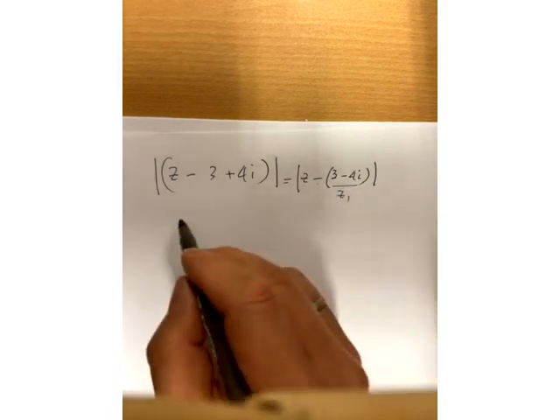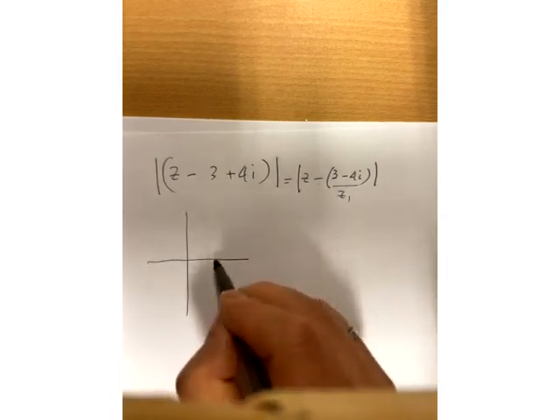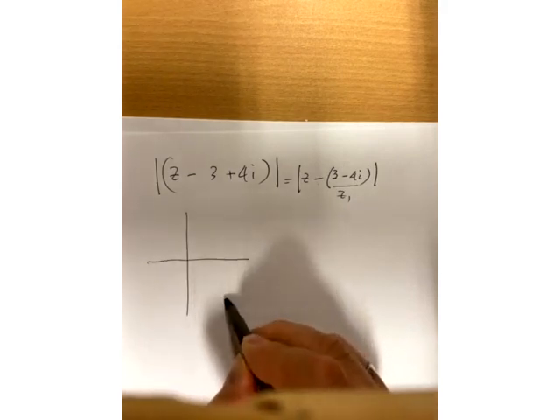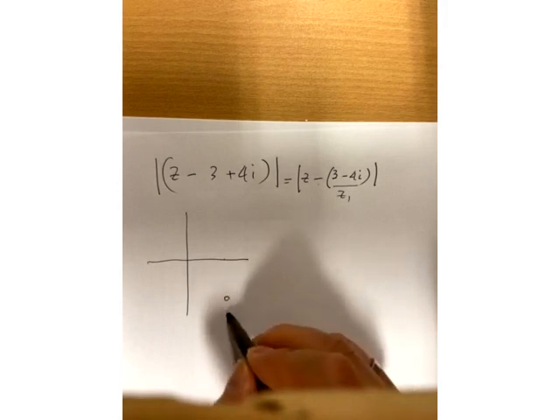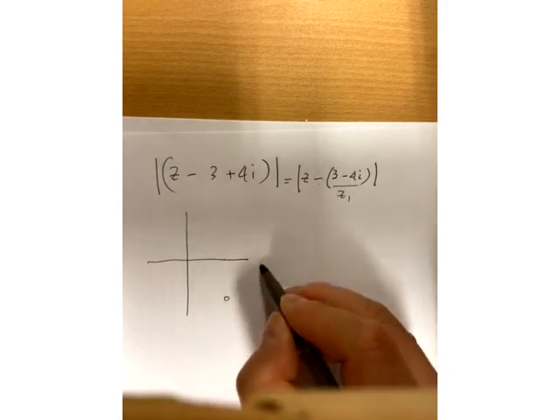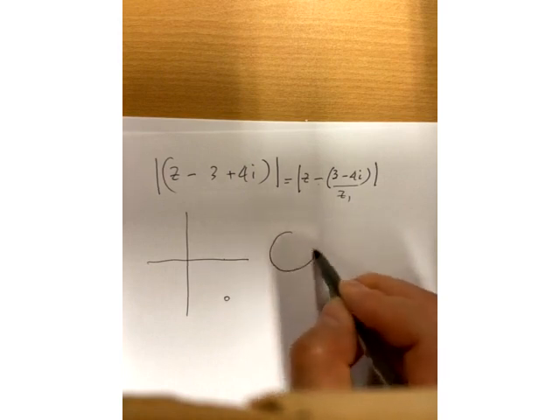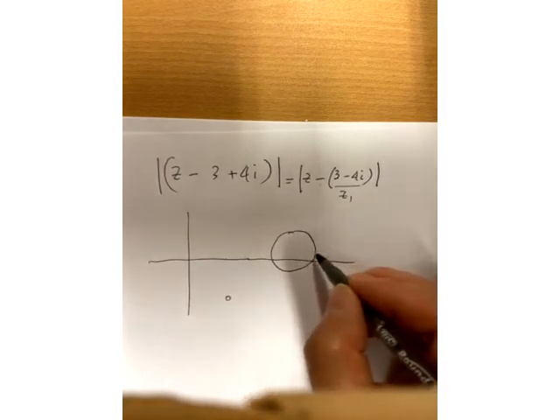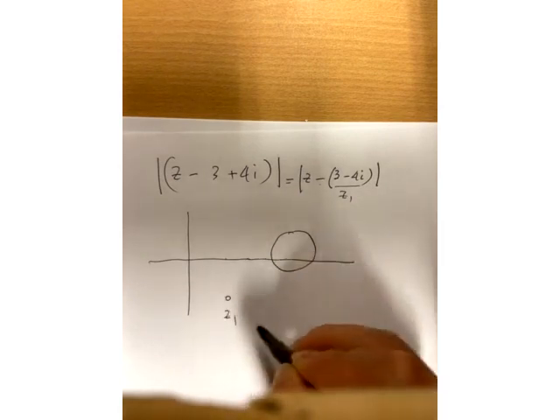So where is Z1? Well, it's 3 minus 4i, so it's here. And that's where you start. Let's say that Z lies on this circle here. Let's say this represents some Z, and this is your Z1.